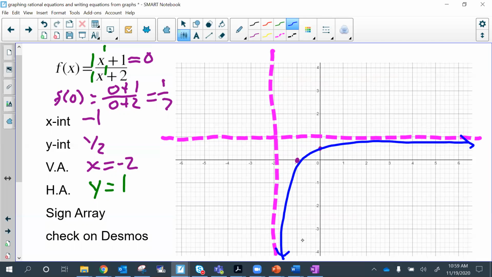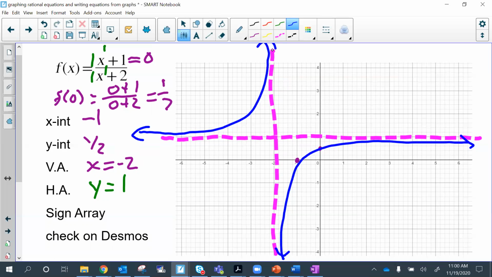Now, if we're going down on one side, what does that mean we're doing on the other side? Going up like that. Now, the other reason why we knew it was going up was because if it was below, we would have crossed the x-axis, which would have meant we needed an x-intercept. And there's no x-intercepts over here, so that's another indication that we're going to be above like that.